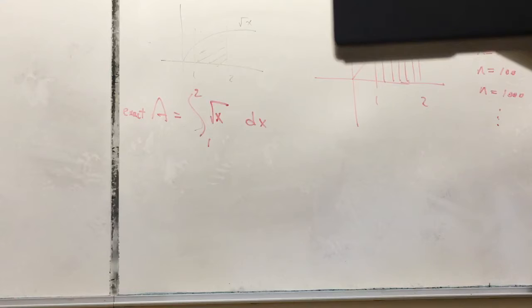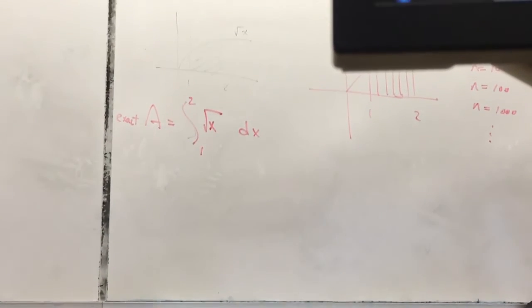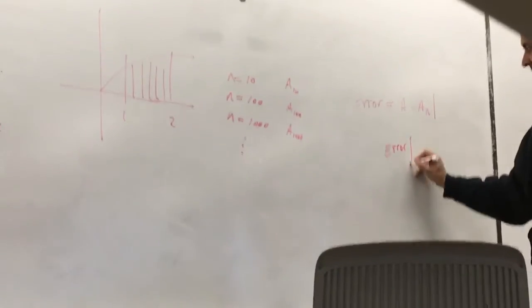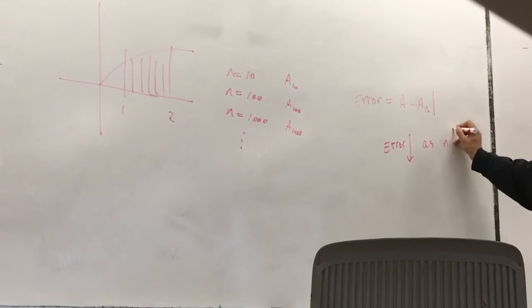So you can actually figure out the error, and you can plot how your error goes down as your n increases, because the more n you have, the more accurate your measurement would be. So error goes down as n goes up.